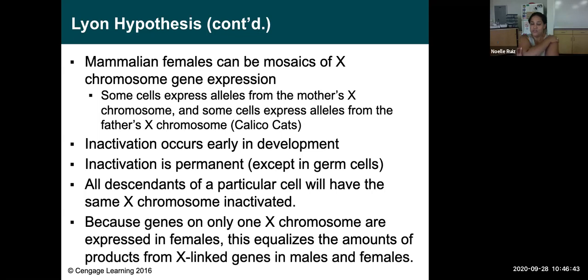Inactivation occurs early in development. It is permanent, except for germ cells, which are the sperm and eggs. All descendants of a particular cell will have the same X chromosome inactive. So whatever X chromosome I have that is active in my body and my cells is the X chromosome I pass to my daughter.